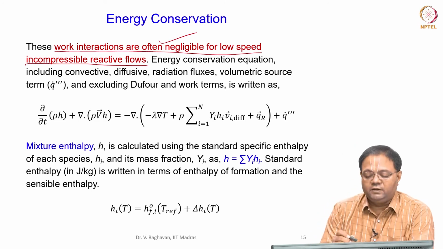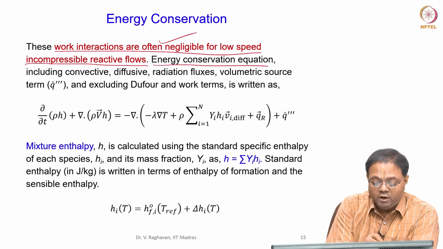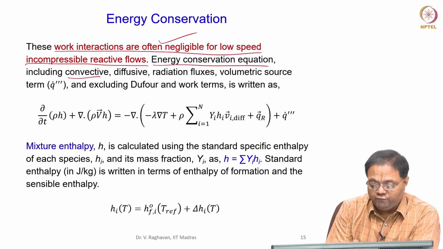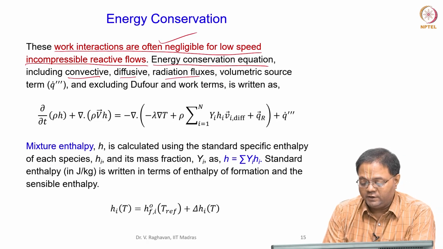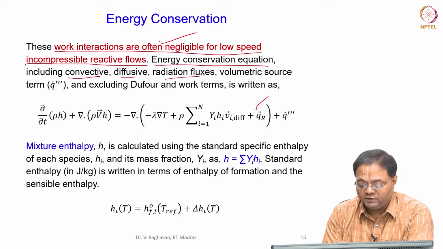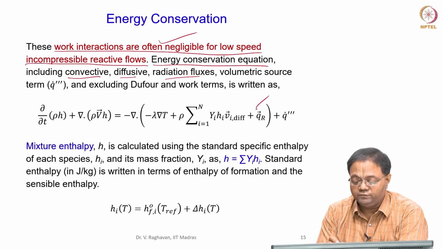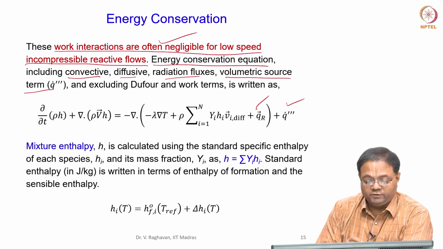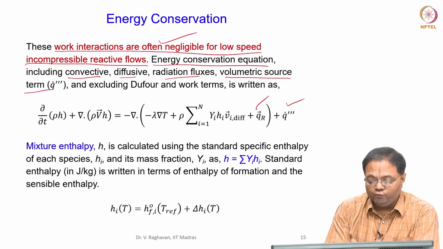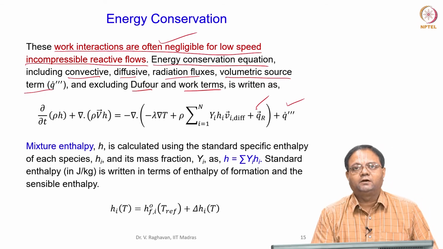So we will try to write the overall energy equation. So energy conservation, including convective term, diffusive term, radiation fluxes. I am adding the radiation as a flux, coming into the control volume through the control surfaces, and the volumetric source term. But I am neglecting the Dufour effect and the work interaction terms, which I have explained how to write, but we need not add.